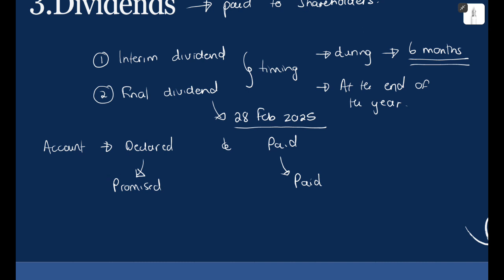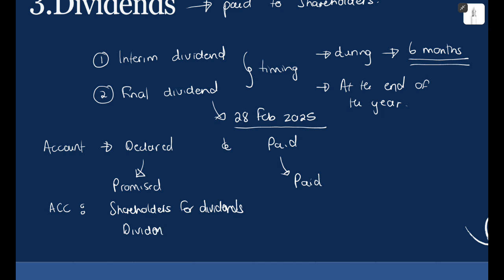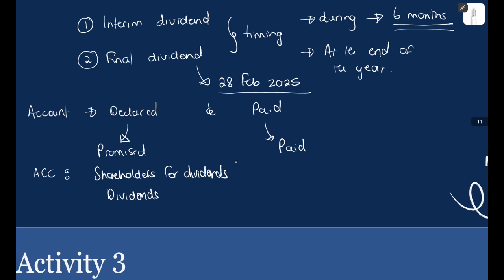So whenever a dividend is declared, the accounts that would be affected, because it was promised, it's not yet paid, would be your what? It would be your shareholders for dividends, and your dividends account. And your shareholders for dividends is a liability, right?